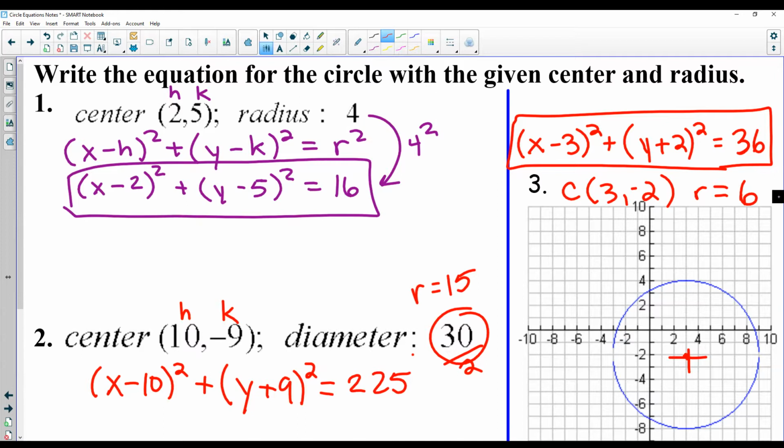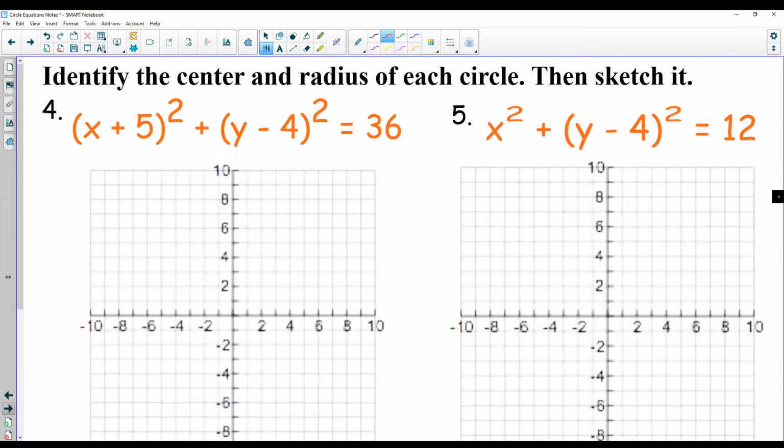Okay, let's go the other direction. Do a couple here where we have the equation, but we're supposed to write the center and the radius and then sketch it. So here's our equation. We know that the center comes from here. The center is at negative 5 and positive 4. Remember, you've got to change the signs. And the radius is the square root of 36. So that would be 6. I sketch this. 1, 2, 3, 4, 5.